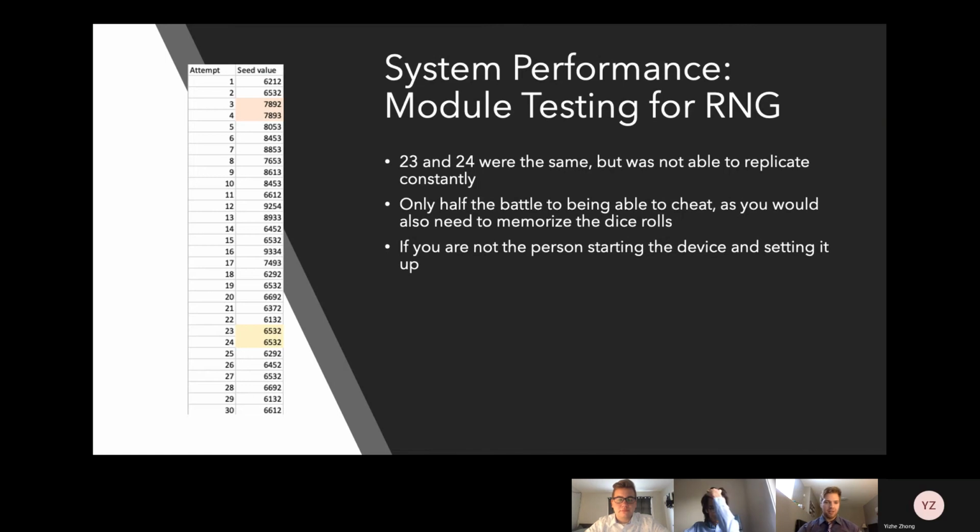For testing, if we can replicate the seed, you can see here over 30 trials, we got close once and we actually replicated it twice, or replicated it once later on attempts 23 and 34. However, we weren't consistently able to continue this pattern, making it hard to consistently cheat by getting the same seed.